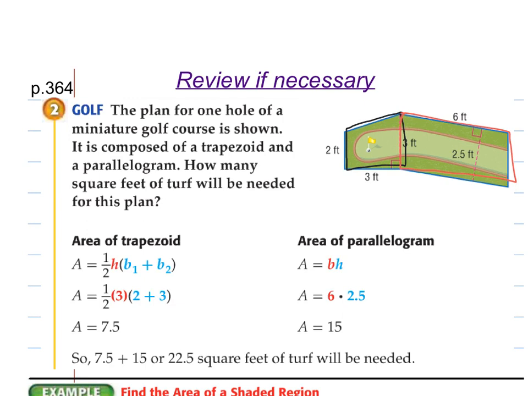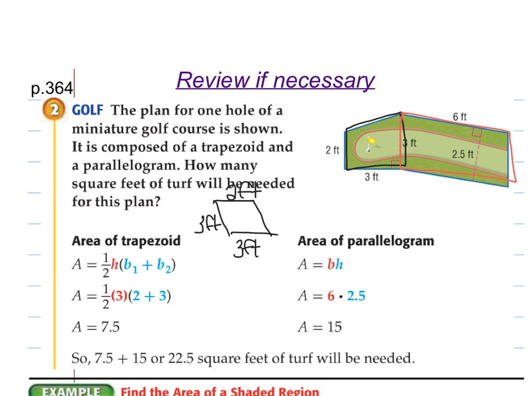So I'm going to just draw a rough sketch of this trapezoid. It's going to be slightly like that. Okay, so we have the top is 2 feet, the left side is 3 feet, and the bottom is 3 feet.